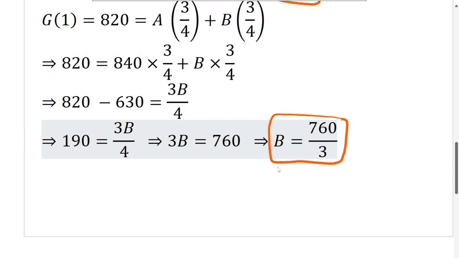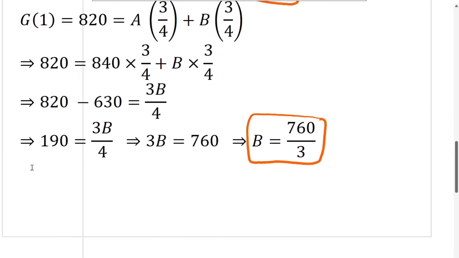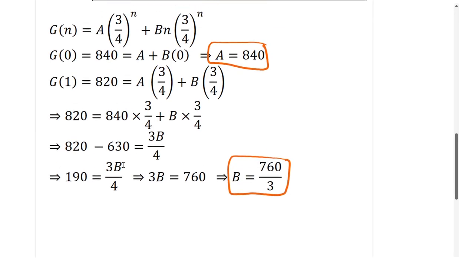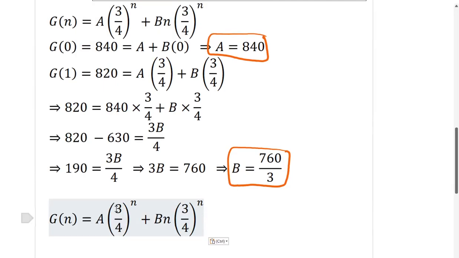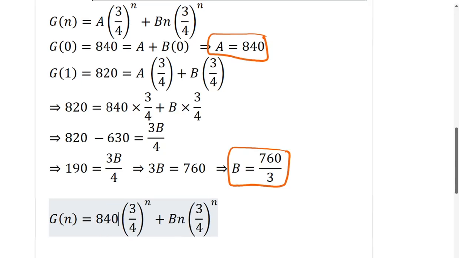One note is not letting me do this. Okay, cool. Well, okay, so that's that line. So what that means is then our GN equation, this guy here, our A becomes our 840, and B is 760 over 3.